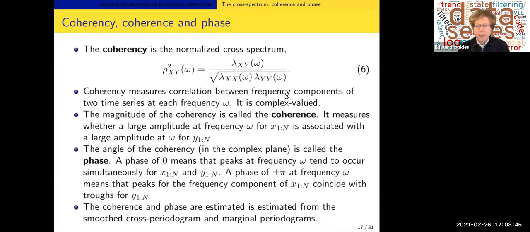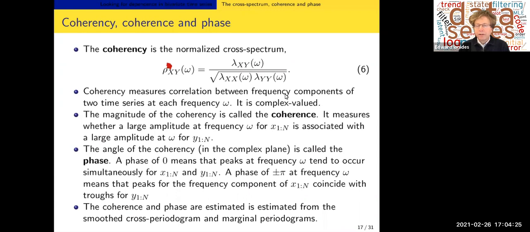We normally scale it to be a correlation at each frequency, and this is called the coherency. There's another typo, because this should not be squared. People often look at the squared coherency, but here I've written the plain coherency. It measures the correlation between frequency components of two time series at each frequency omega.